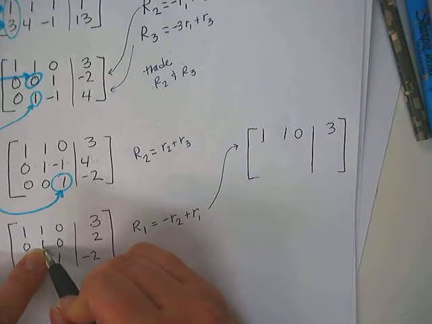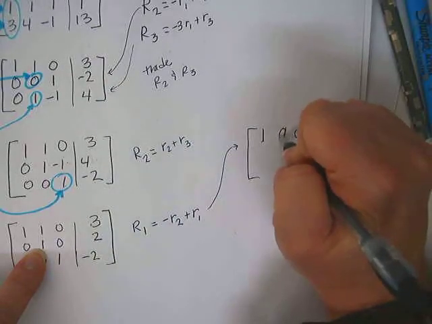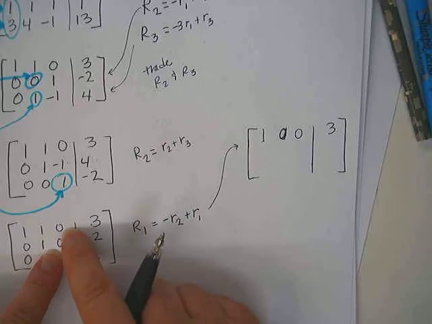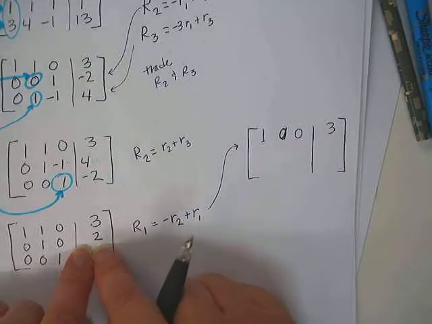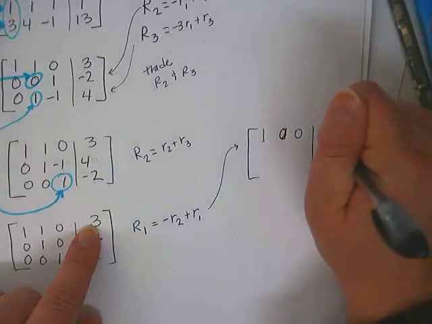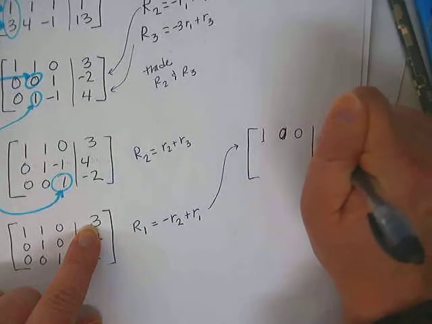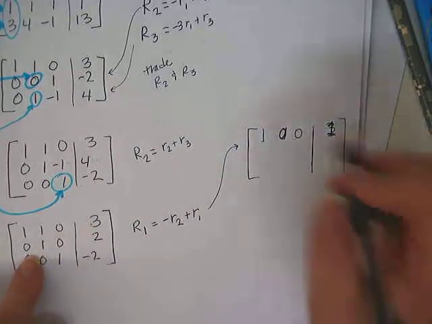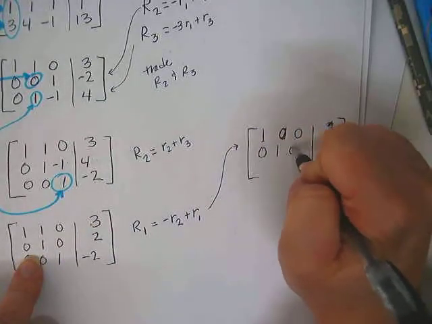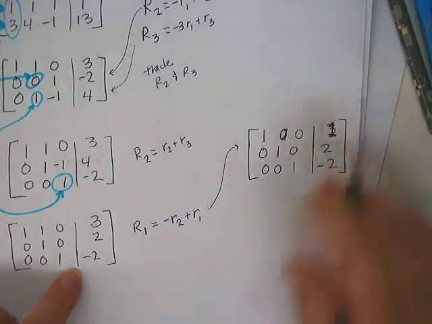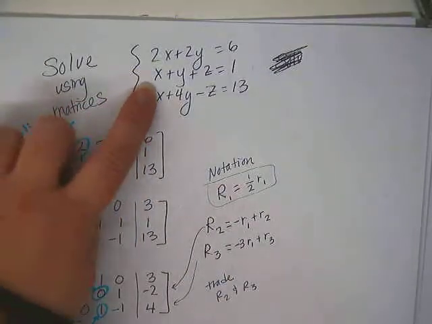So -1 times 0 is 0 plus 1 is 1. -1 times 1 is -1 plus 1 is actually 0. -1 times 0 is 0 plus 0 is 0, and -1 times 2 is -2 plus 3 is a positive 1. Okay, so a little bit messy, but I think we've got it. Now I'm just going to copy down our other rows as is.